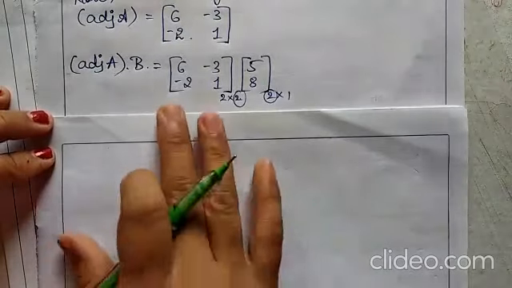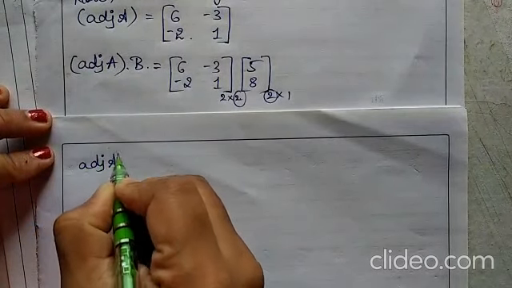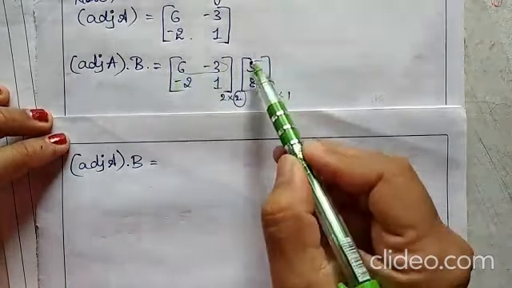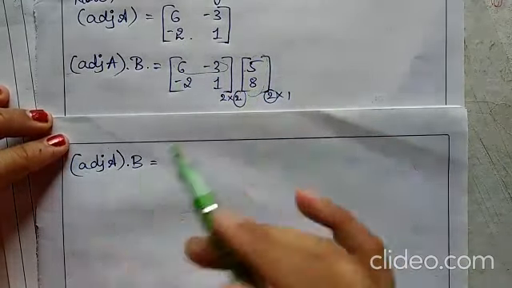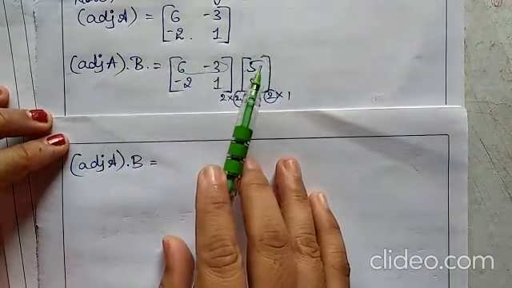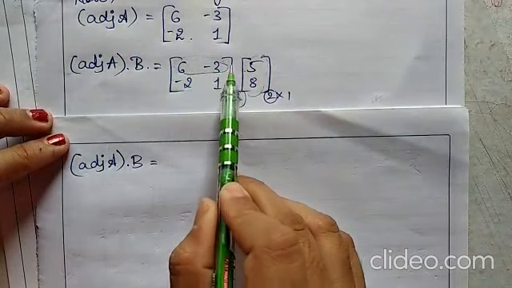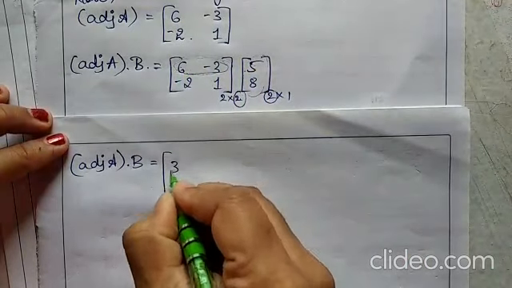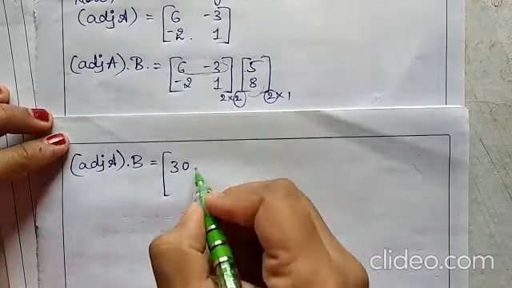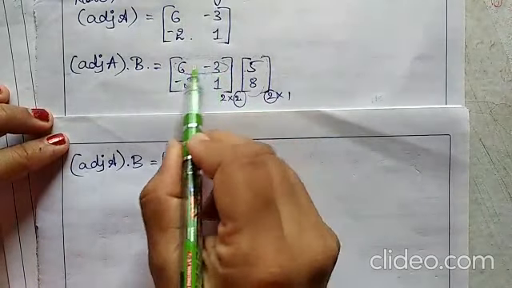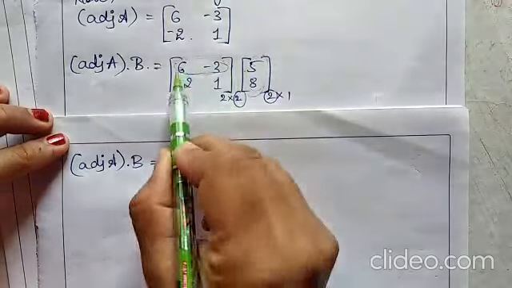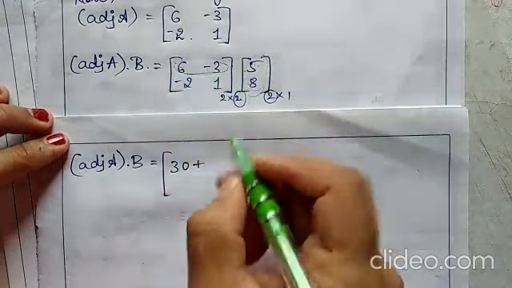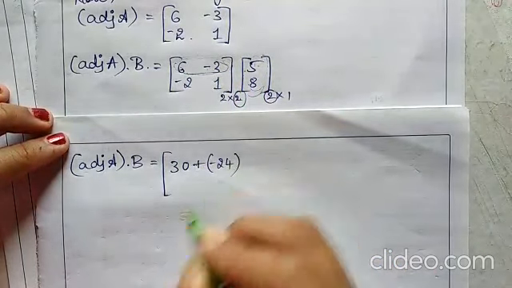So adjoint of A into B is first row into first column. We already came across many problems based on multiplication of matrices, so you know how to multiply. First row into first column: 6 into 5 is 30, plus 8 into minus 3 is minus 24.